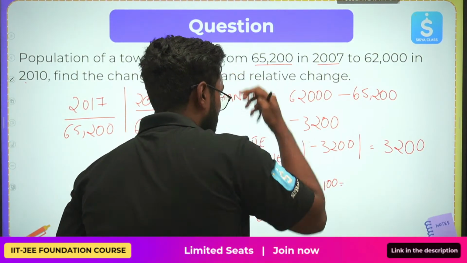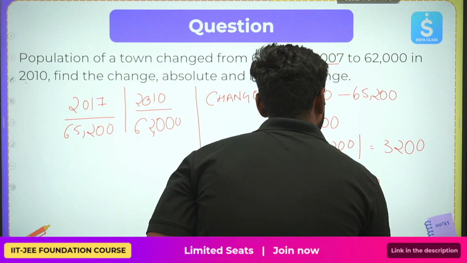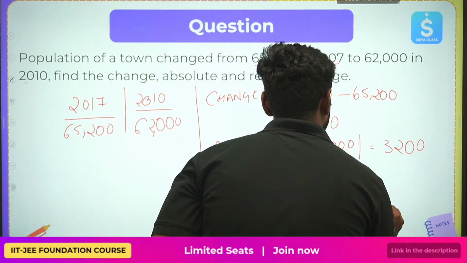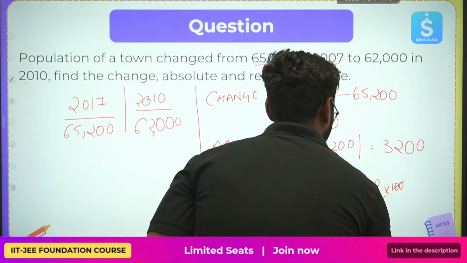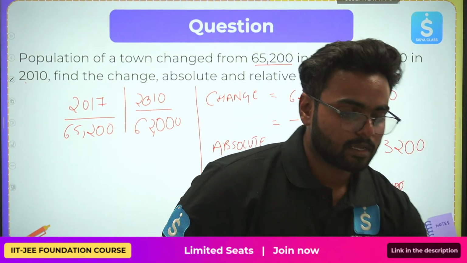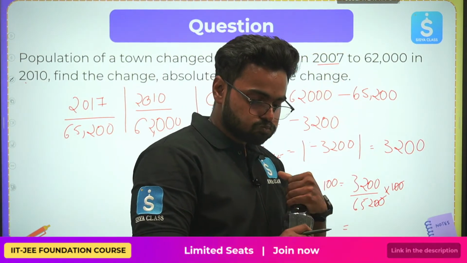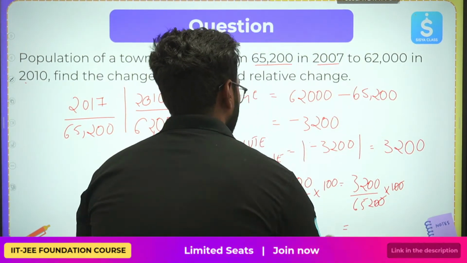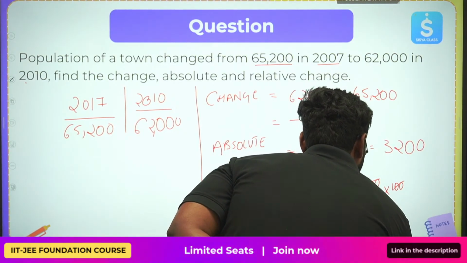It's nothing but 3,200 upon 65,200 into 100. If we cancel this out, we'd be getting around 4.9%.